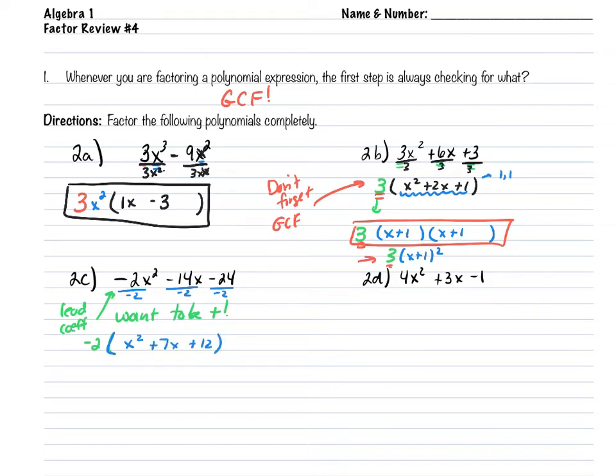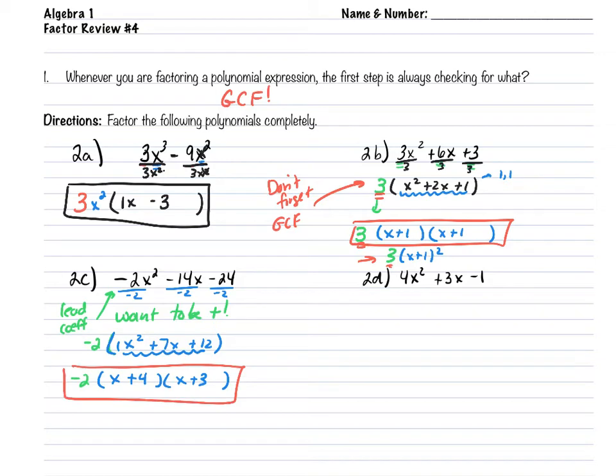So now that we factored out our GCF, that's going to stay out front, and it's our job to make sure that the polynomial that's left either factors more or doesn't factor more. And when I look at this, the leading coefficient is a 1, so I am able to find numbers that multiply to 12 and add to 7. So our final answer would be this.